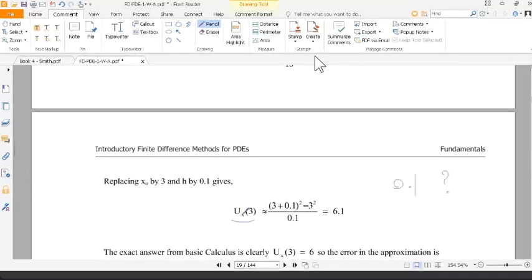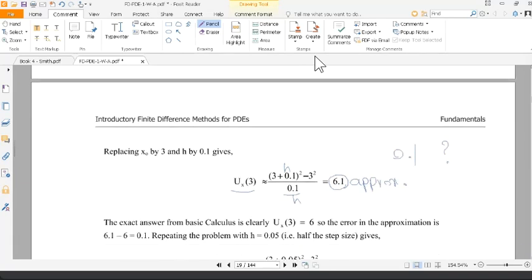And we have u_x at 3 approximated by ((3 + h) power 2 minus 3 power 2) over h, and the result is 6.1. It's an approximate solution, okay? It's an approximate solution by using the first order forward finite difference approximation.